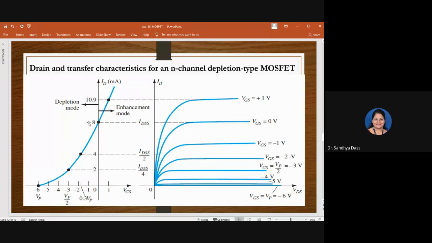In transfer characteristics, the x-axis should be VGS and the y-axis should be the drain current. So how do I get these points? Extend the different plots you have towards the left, drawing a horizontal line.